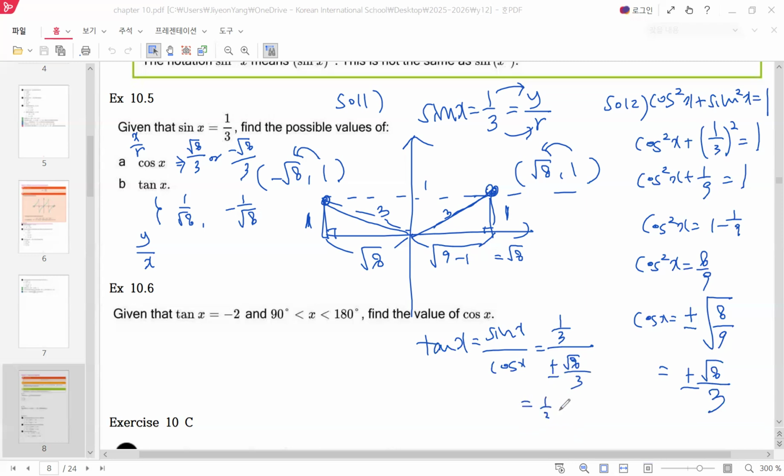So 1 over 3 divided by plus minus square root 8 over 3, which is 1 over 3 multiplied by 3 over plus minus square root 8. Therefore, the value of tangent can be 1 over square root 8. Positive value and negative value both are possible.